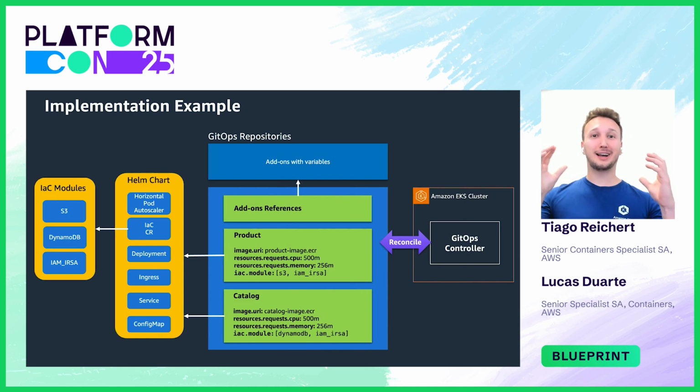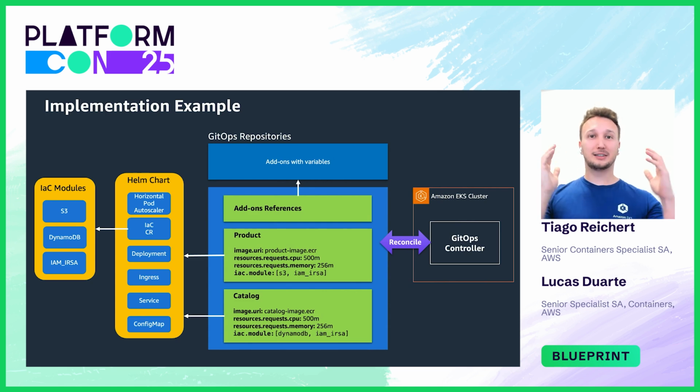Here we are defining a Helm release. We will be using the Helm chart that Lucas mentioned to us earlier with all the packaging on how to deploy the application and just specify some parameters here, for example, which container image you want to use, what is the request that we want to use, for example, on memory and CPU, and also which infrastructure add-ons we want to deploy.